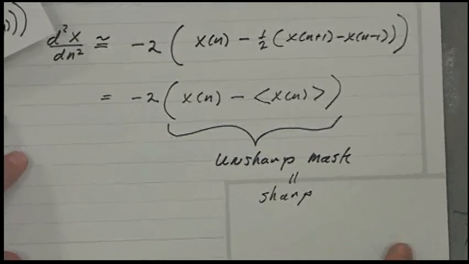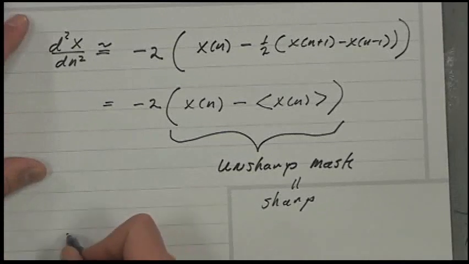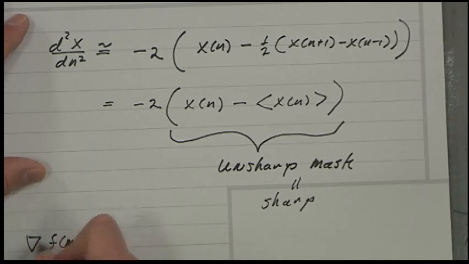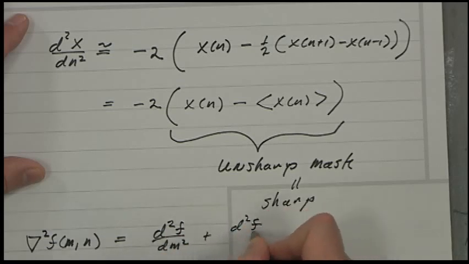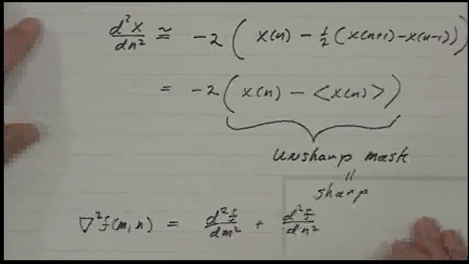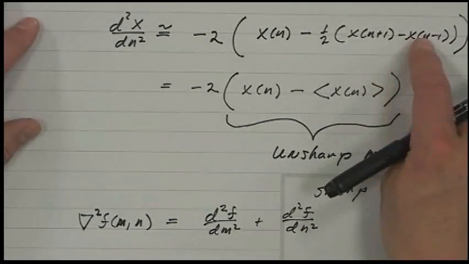This comes up a lot. If you generalize this to 2 dimensions, if you have a function of x and y, or I'll make it m and n, and I want to generalize the Laplacian. If you recall, the Laplacian is equal to d squared f dm squared plus d squared f dn squared. So in this case, you would generalize this by just adding these together.